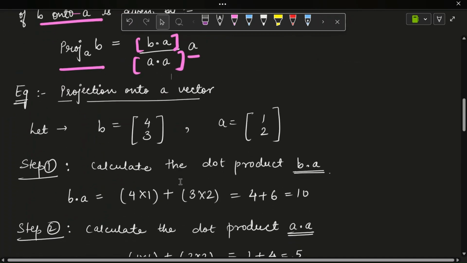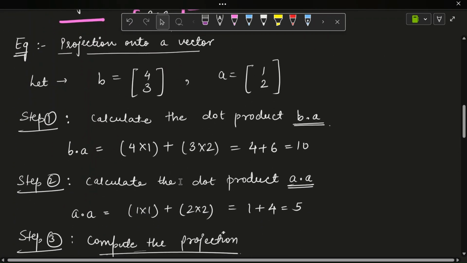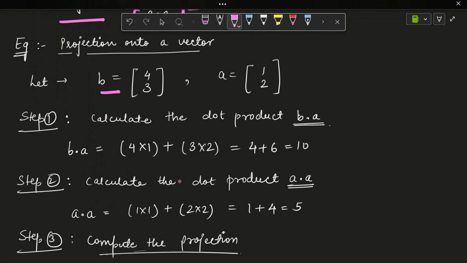Now let us understand it using an example: projection onto a vector. Let's say we have two vectors B and A with the following components. The first step is to calculate the dot product of B and A. When you calculate it, you get the answer 10. The next step is to calculate the magnitude squared of vector A, that is A dot A, and the answer for this is 5.